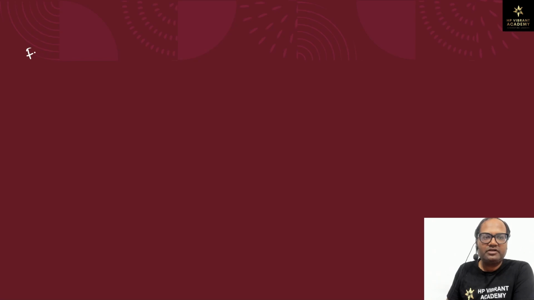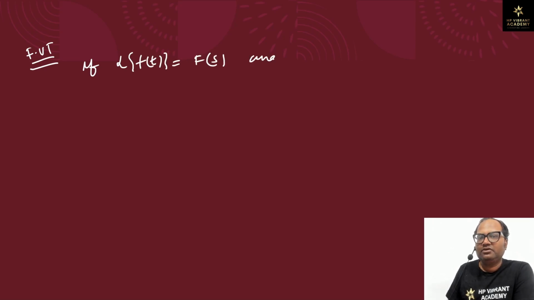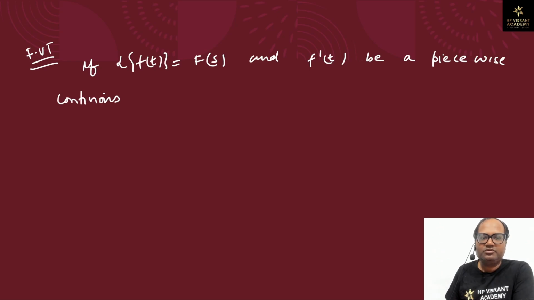So what is the final value theorem? We have, if Laplace transform of f of t is equal to F of s and f dash t be a piecewise continuous function, we have already discussed piecewise continuous function, for t greater than 0.